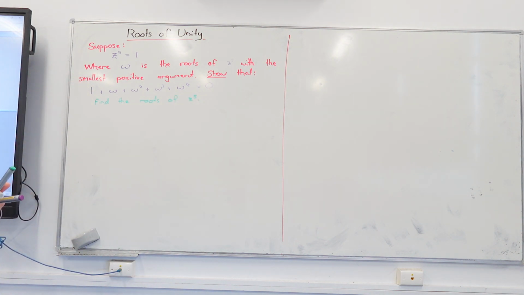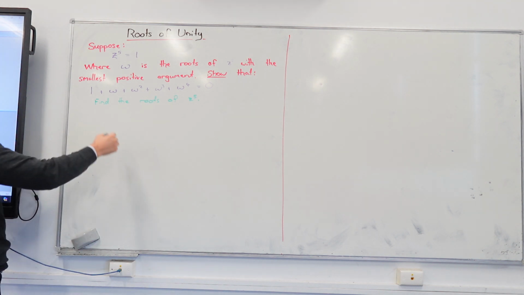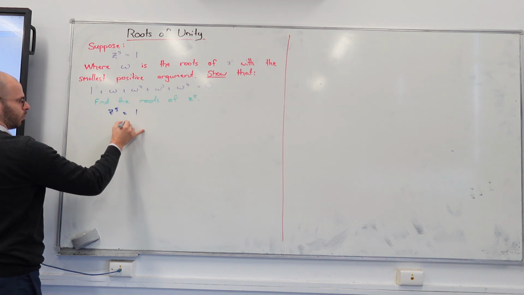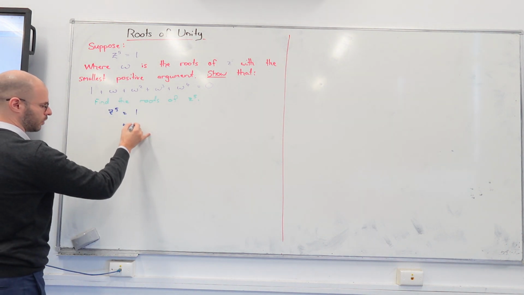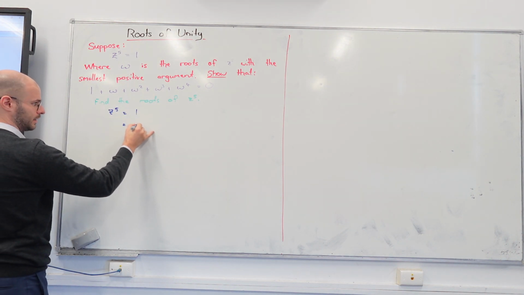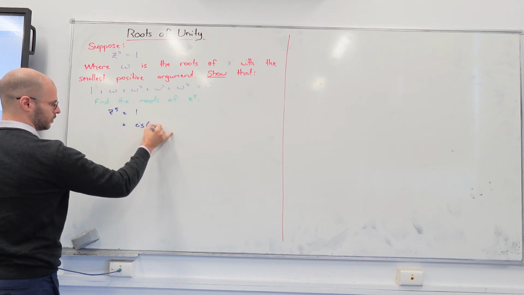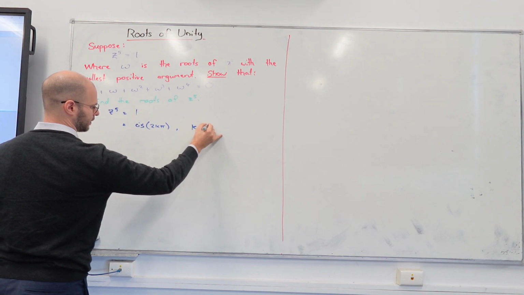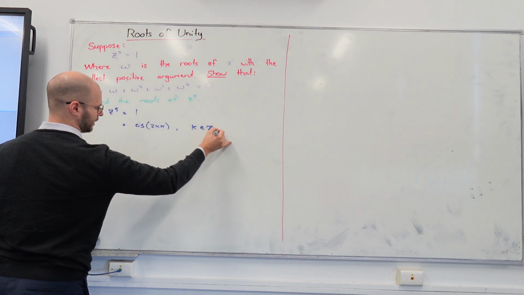So this part over here, we can speed run it now. We have z to the 5 equal to 1. In polar form, that's going to be cis 2k pi, where k is just an integer.